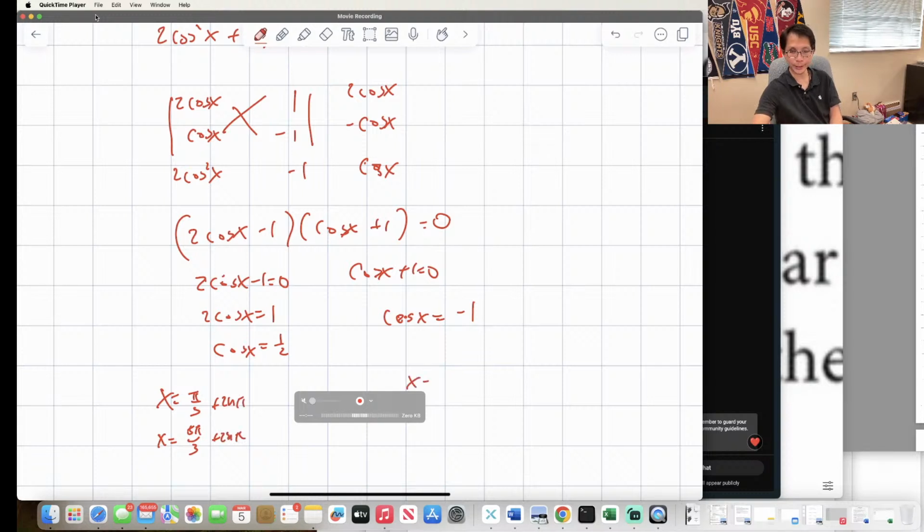Right? And then when does the cosine of x equal negative 1? Just pi is correct.